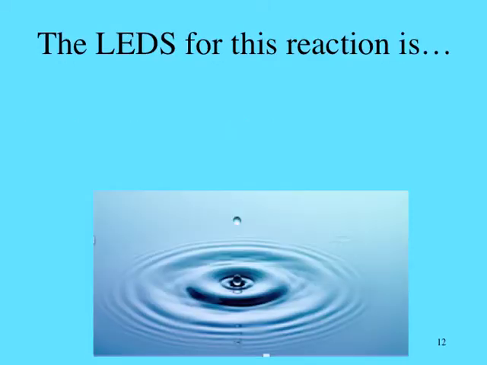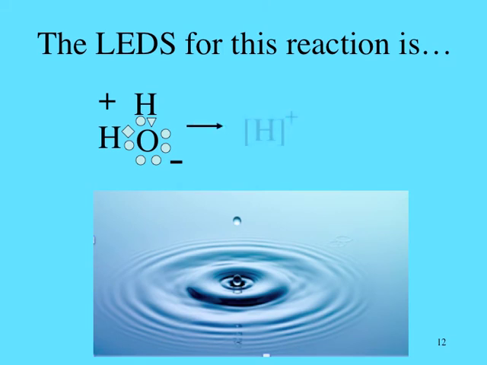Okay, so if we look at the LEDs for everything, here is our water molecule showing the two polar ends, and that's going to yield hydrogen ions. So we have the hydrogen ions with the positive charge. So what does that mean happened to the hydrogen if it has a positive charge?